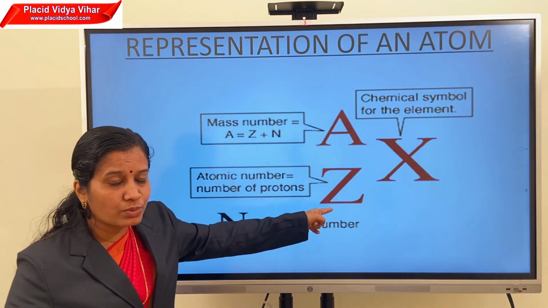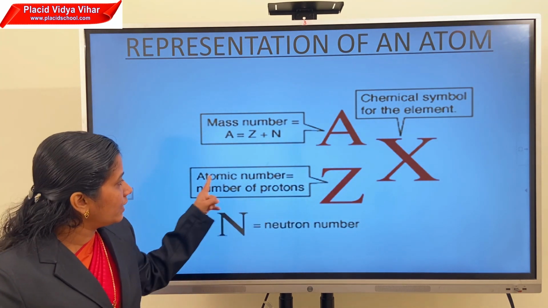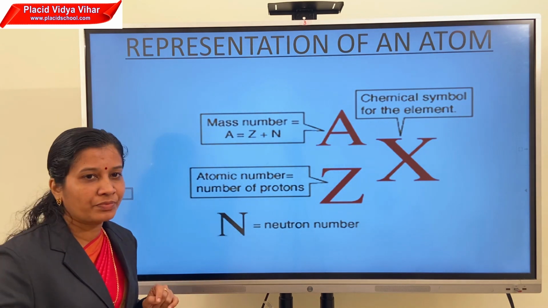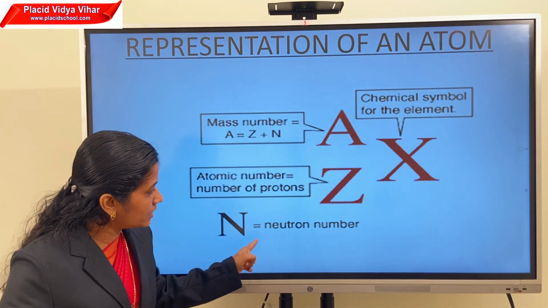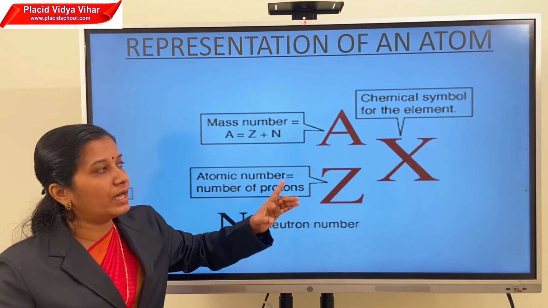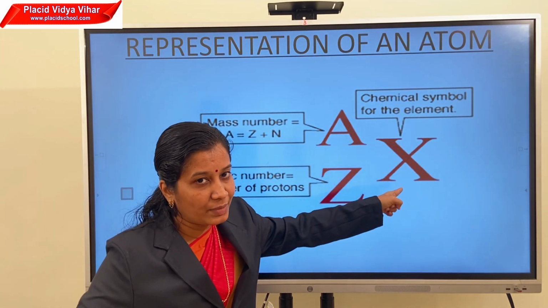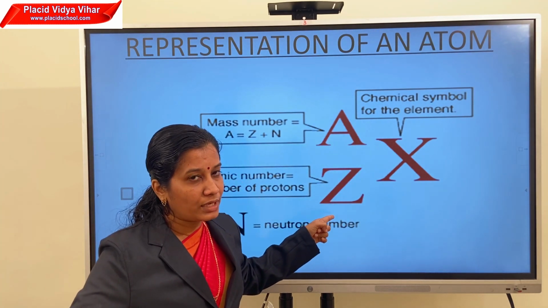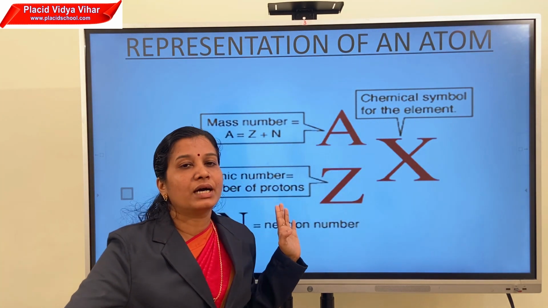Then N represents the neutron number. So this is the representation of an atom: X is the chemical symbol, Z is the atomic number and A is the mass number.